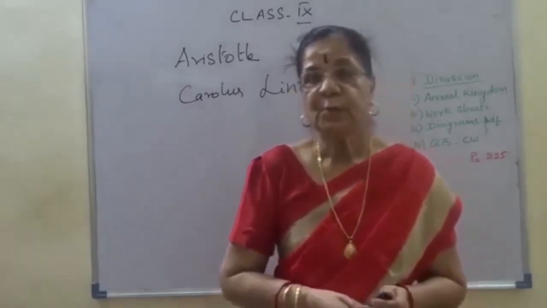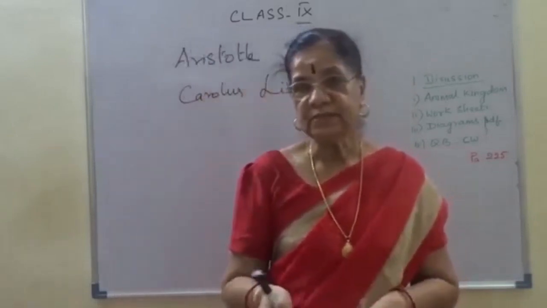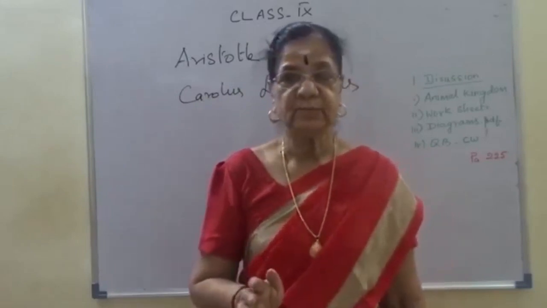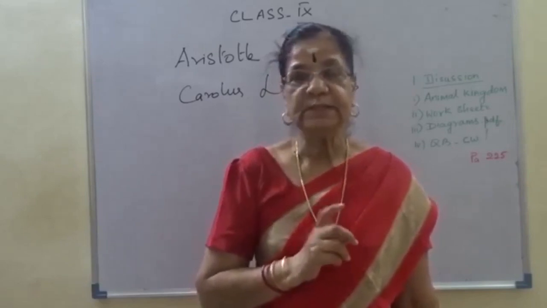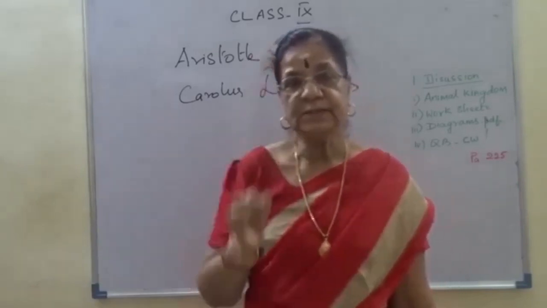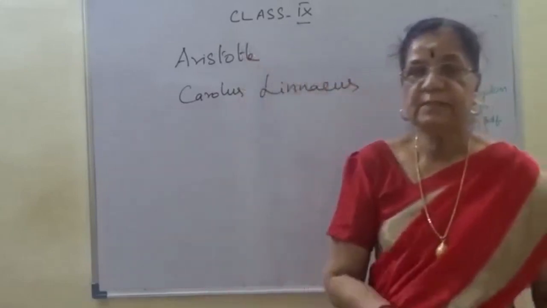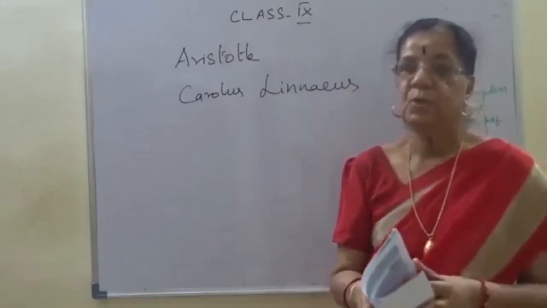And he followed binomial nomenclature. Nomenclature is the naming of an organism. Binomial means using 2 words, one is the generic name and the other is the specific name. The generic name should start with a capital letter and the specific name should be in small letters.